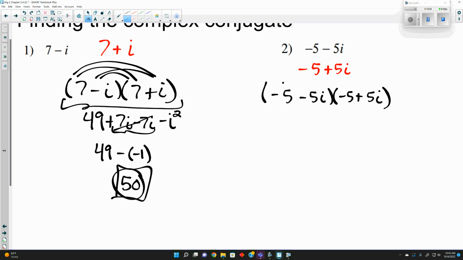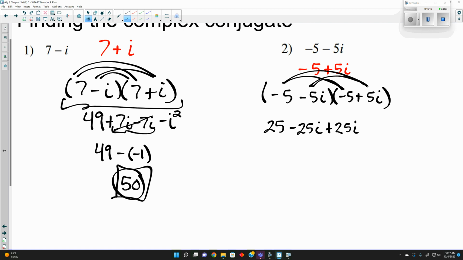Or if we distribute out, negative 5 times negative 5 is 25, negative 5 squared. Negative 5 times 5i is going to be negative 25i. Negative 5i times negative 5 is plus 25i.